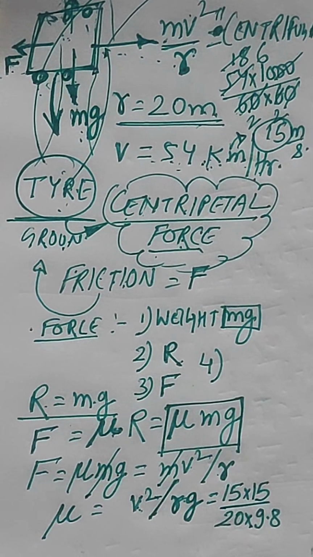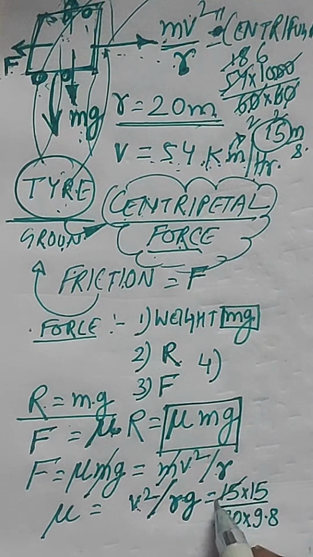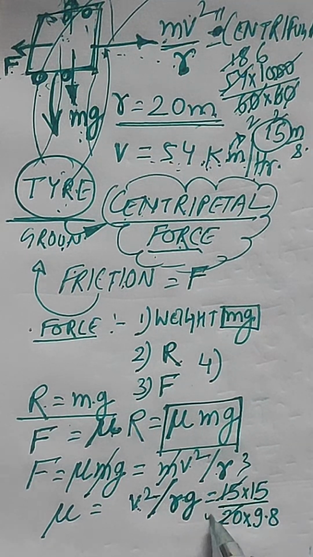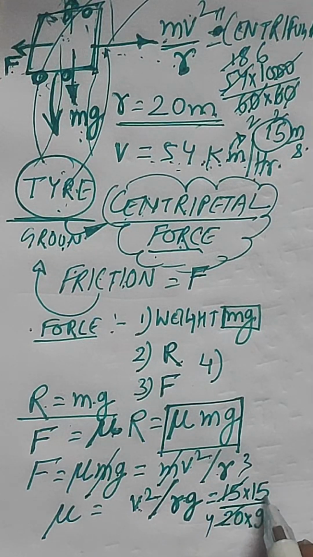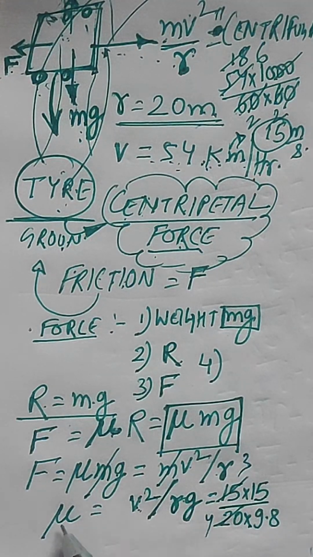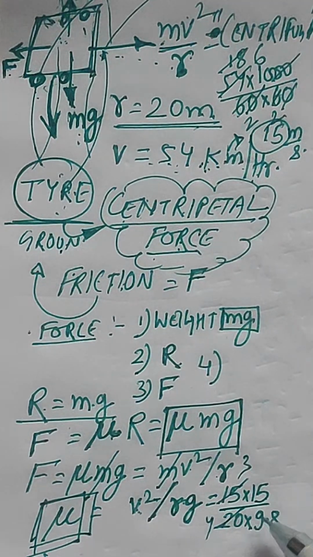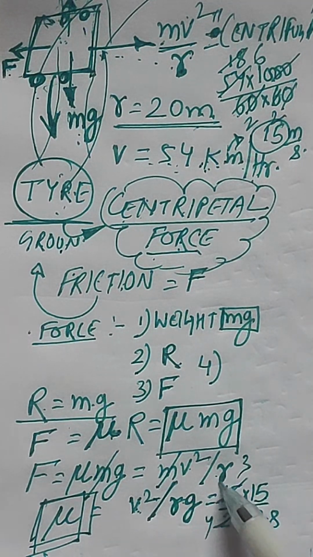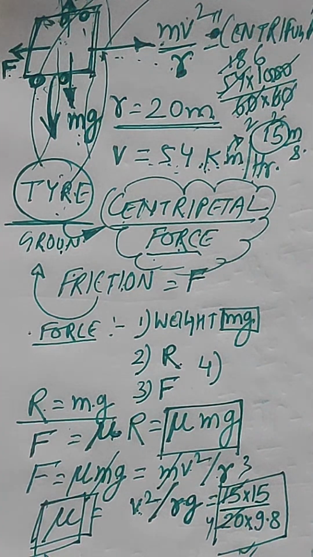So 15 into 15 by 20 into 9.8. Just solve this to get the value of mu, okay? I'm not going into the arithmetic calculation, students.